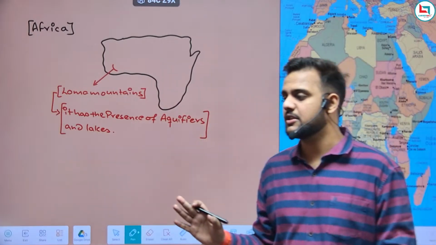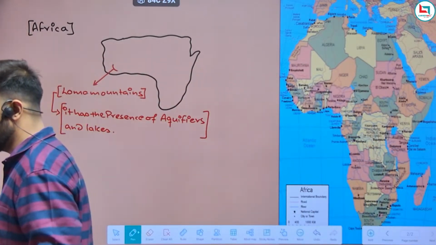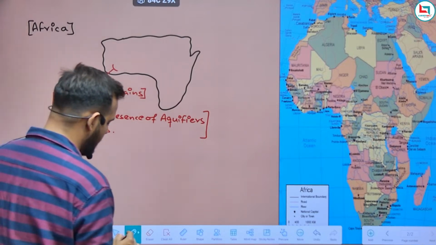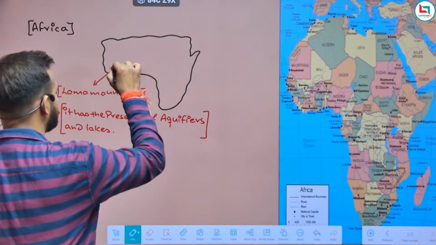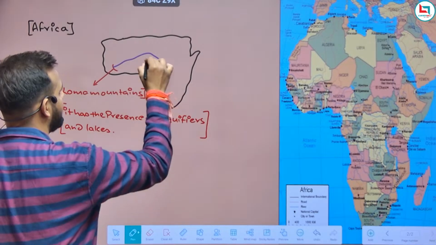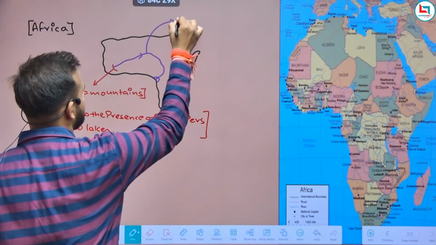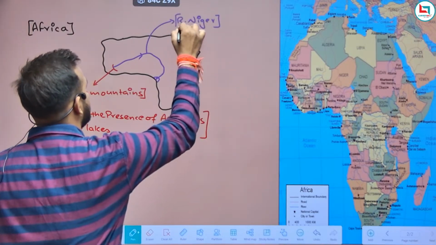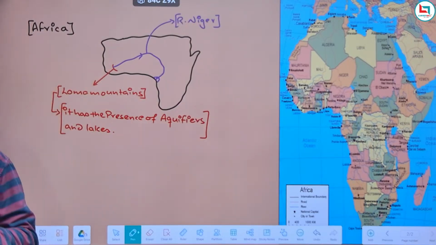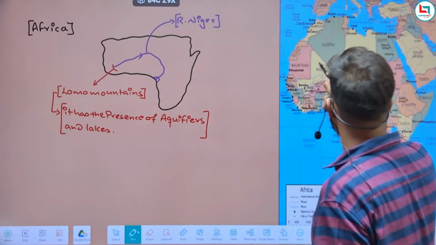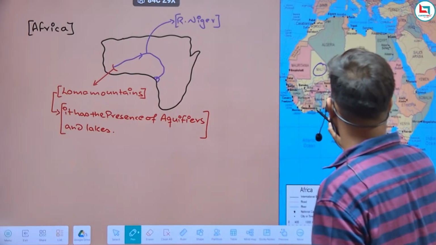From here the next major river of Africa originates, and its name is River Niger. From this Loma Mountain the prominent river of Africa originates, known as River Niger. Remember, it passes through Mali, Niger, and Nigeria.